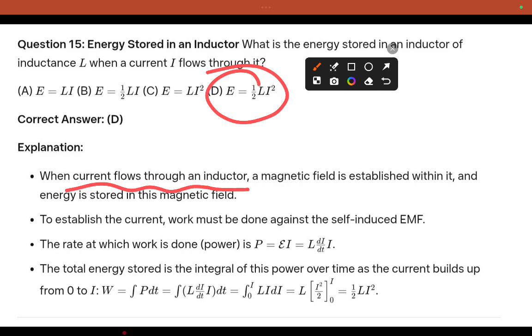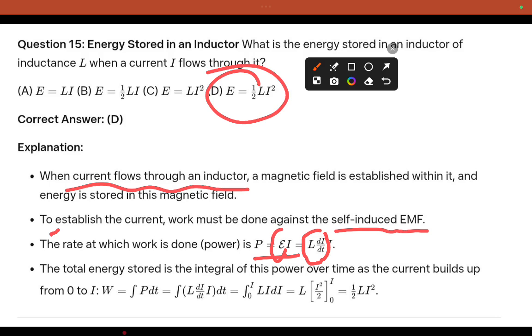To establish the current, work must be done against the self-induced EMF. The rate at which work is done, that is power, equals E into I, where induced EMF equals self inductance times di by dt.